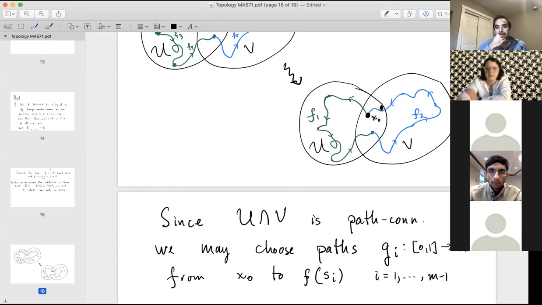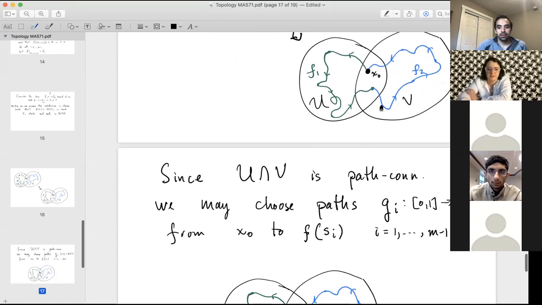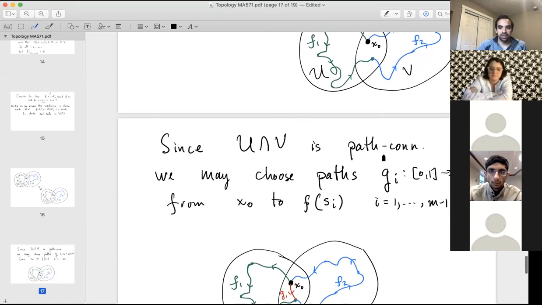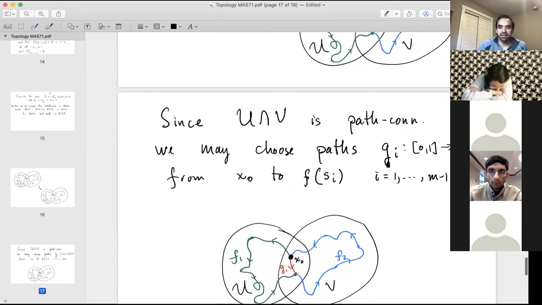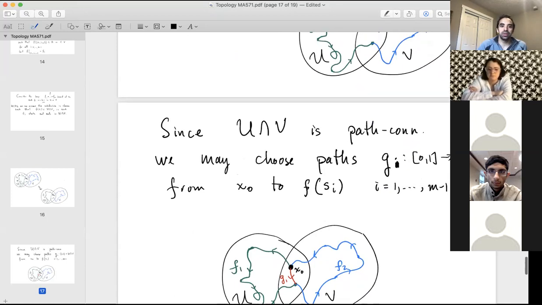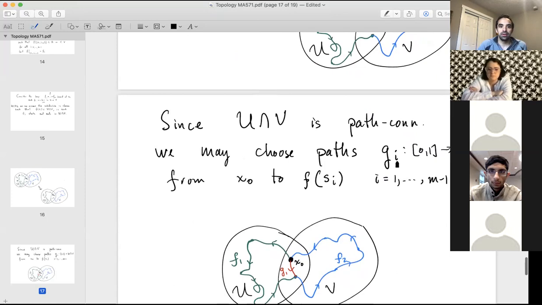Just connect that point x1 that's in the intersection to your x0 with some path, yeah, because the intersection is path connected. We're assuming the intersection is path connected, so we may choose paths Gi. In this picture, we only have one because we only have 2 loops.